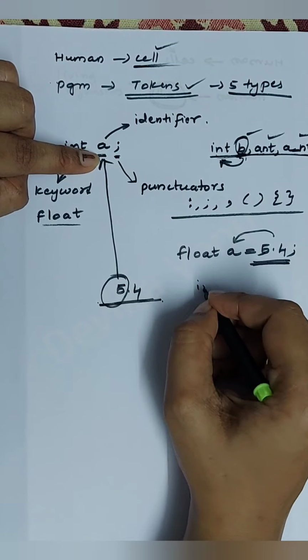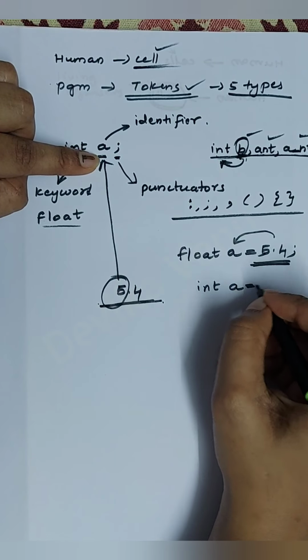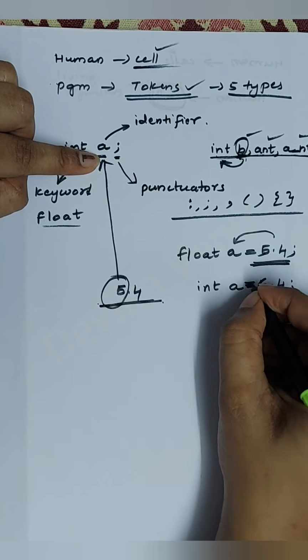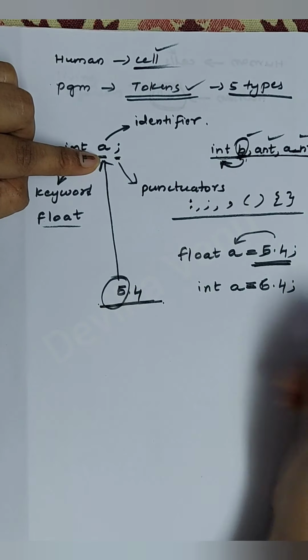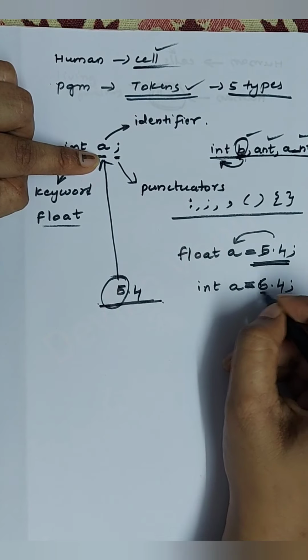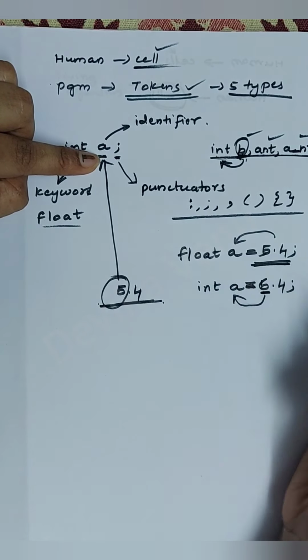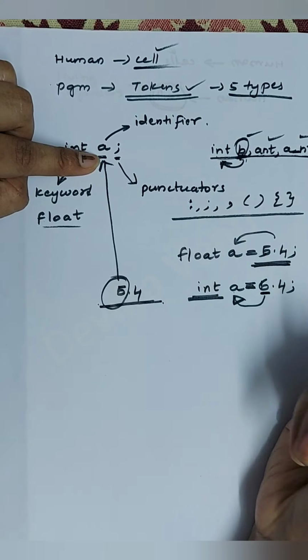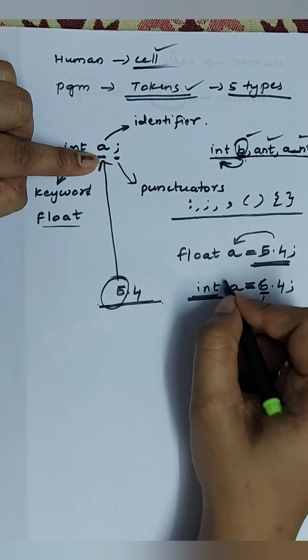Suppose I have declared like this, a is equal to 6.4. If I declare like this, only the value of 6 will be taken to a. Why? Because we have declared a as what type? Integer type.